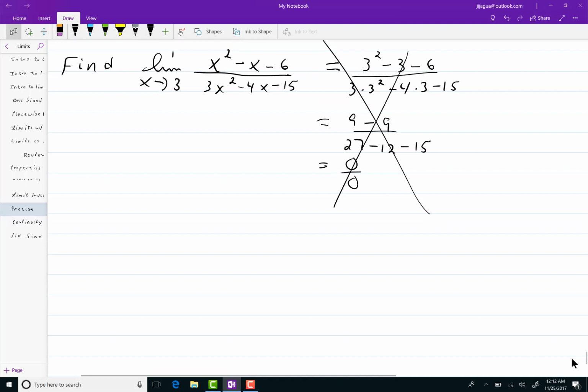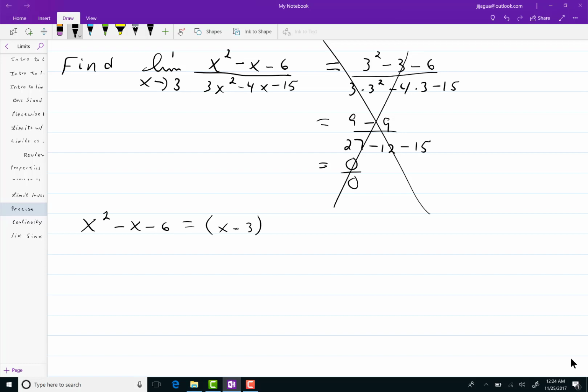So I'm going to have to factor. But knowing that I plugged 3 in for x and it produced a 0, I know that it's a factor. In fact, we have a clue then how to factor these things. If I take x squared minus x minus 6, since the 3 is a 0, I know that one factor has to be x minus 3.